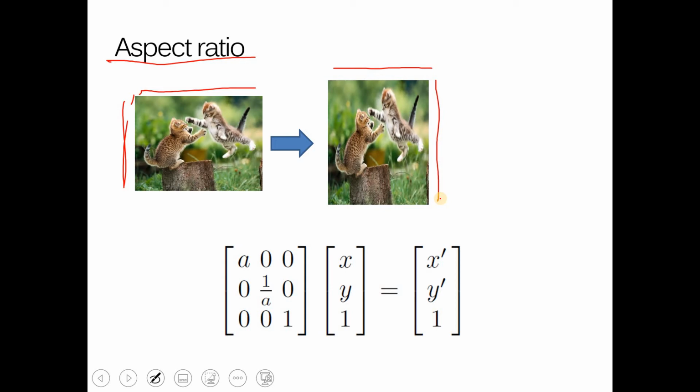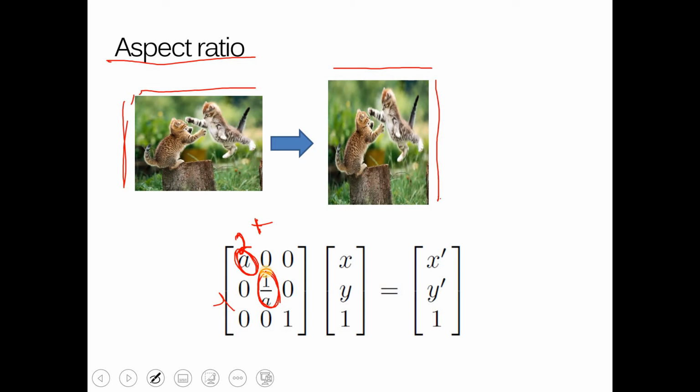How is it done? It can be done by such a transformation matrix where you use one transformation value, for example, 2, on one axis for the zooming effect, multiply by 2. On the other axis, the y-axis, you use the shrinking effect. So you use 1 by 2.